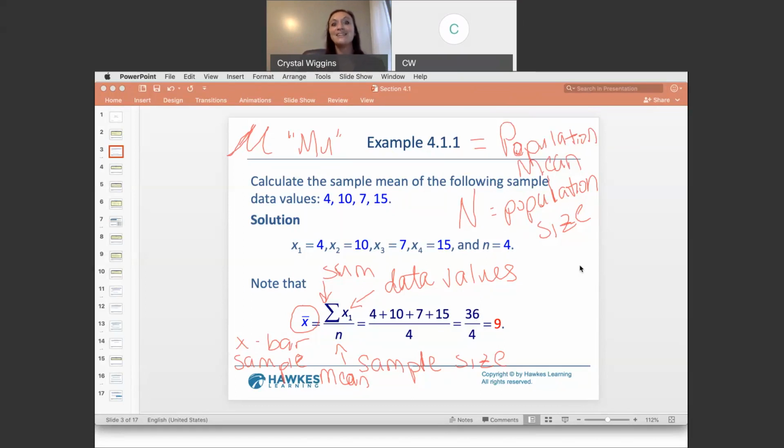We're going to be taking English and having to put it into mathematical terms. And so we need to make sure that we identify properly what's a sample and what's a population, just like I said way back in chapter 1, because they do come with different formulas. The X bar and the mu are the same formula. Calculating a sample mean and a population mean, there's no difference. You add up all the data values and divide by how many you have.